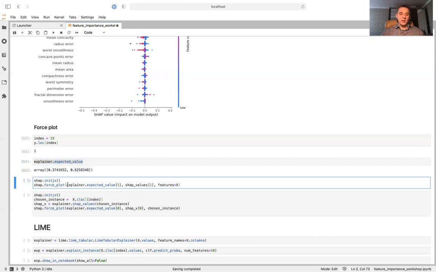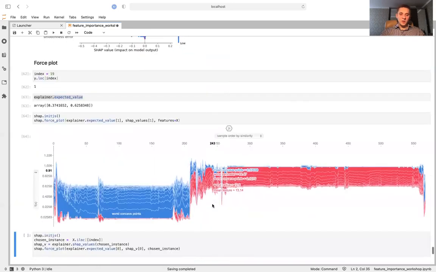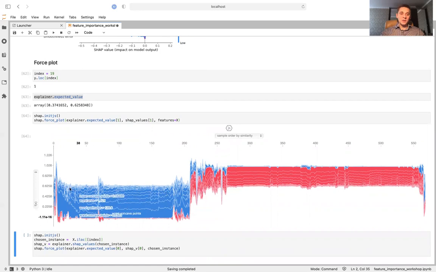We would like to build the force plot for features which voted for the probability of 1. So we use explainer expected value 1, Shapley values 1, and features equal to x.